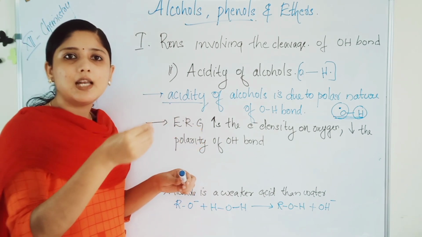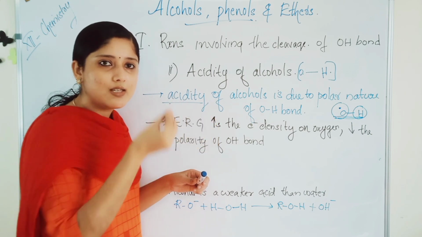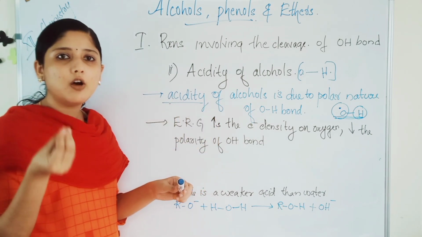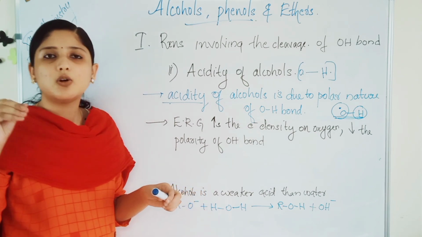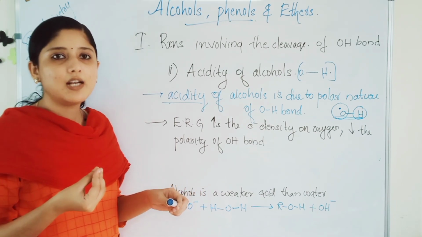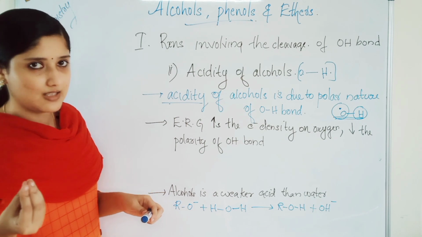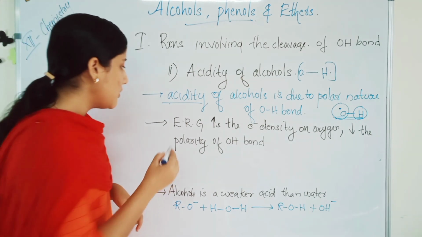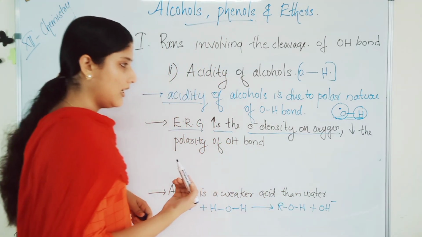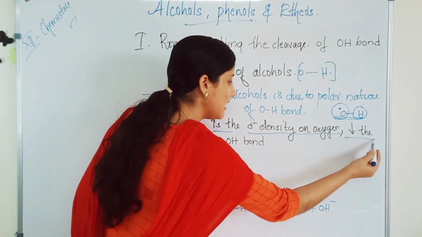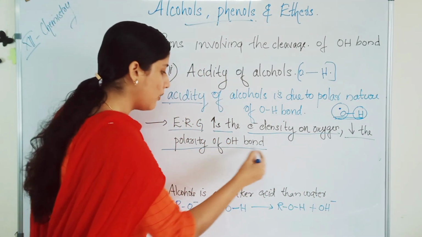If it easily leaves the hydrogen, it is a best acid, isn't it? So, as the number of electron releasing groups increases, the electron density on the oxygen increases and as a result, acidity decreases. The electron releasing group increases the electron density on oxygen, which decreases the polarity of the bond.